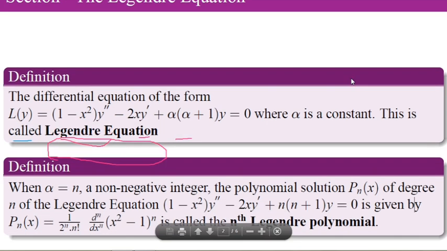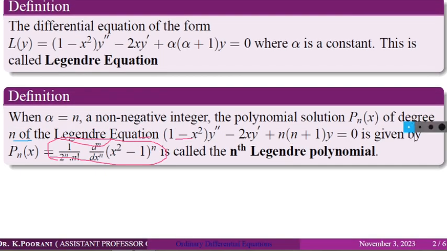What is the Legendre polynomial? It is the case where alpha equals n, that is, n is a non-negative integer. The polynomial solution Pn of x of degree n of the Legendre equation (1 minus x square) y double dash minus 2xy dash plus n into (n plus 1) into y equal to 0.